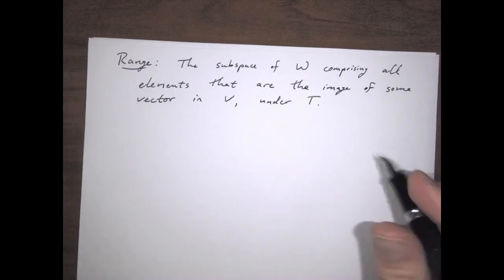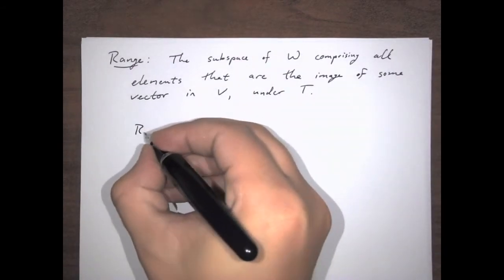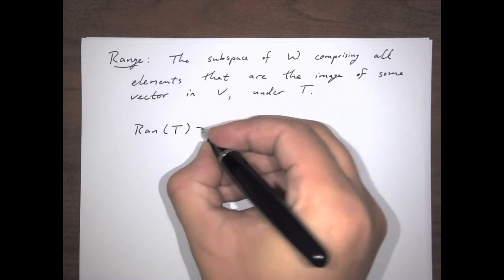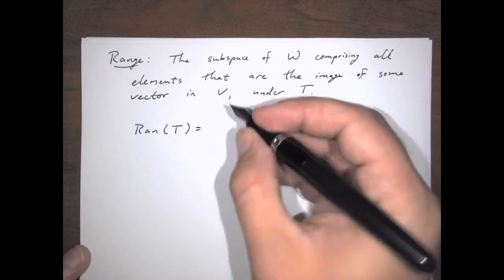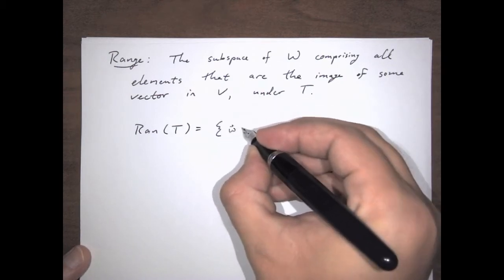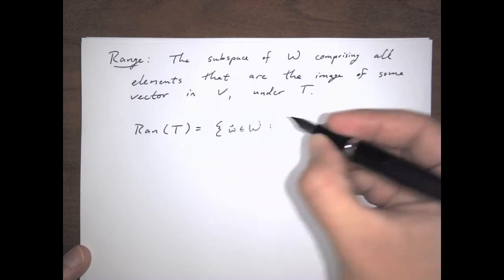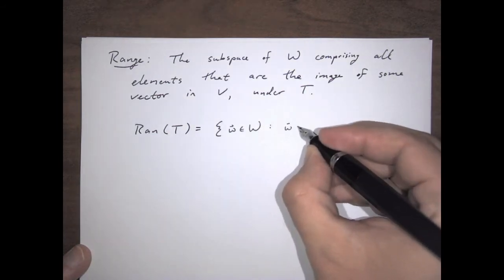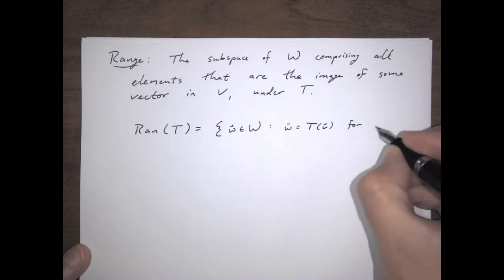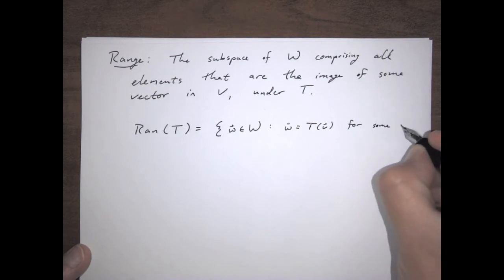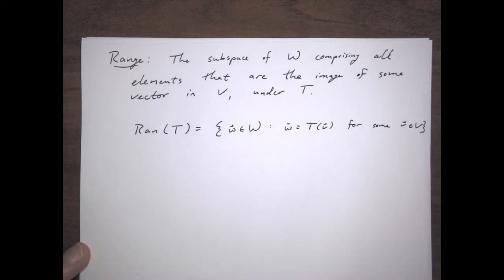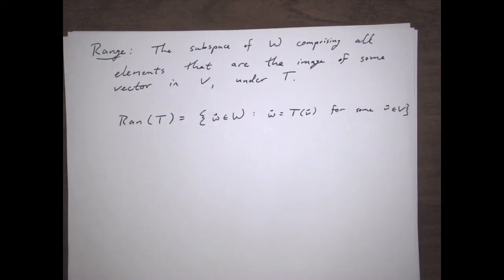What this means is the range of T is equal to the set of all w in W such that w equals T of v for some v in V. So it's all the outputs of the linear transformation.